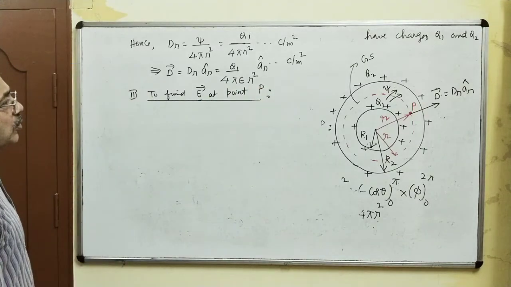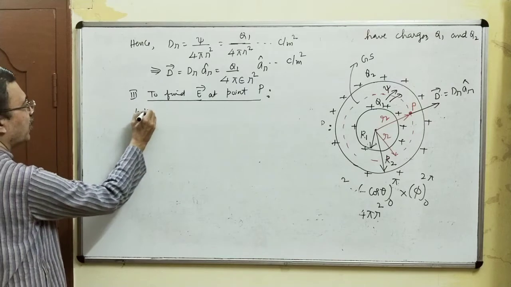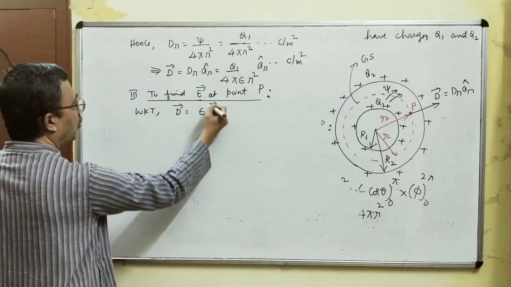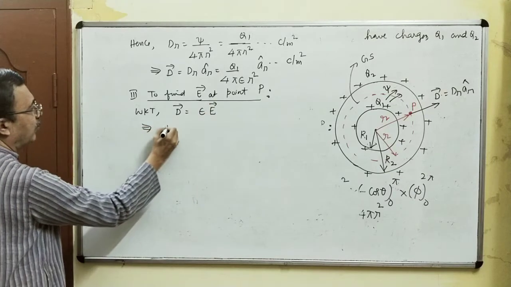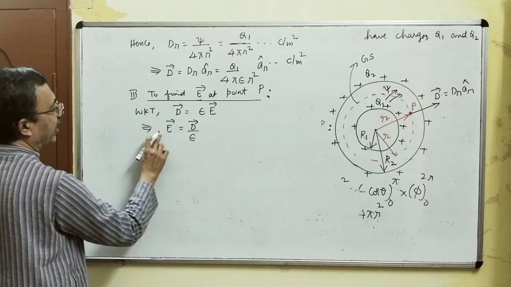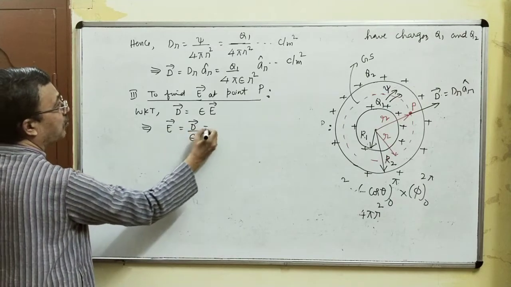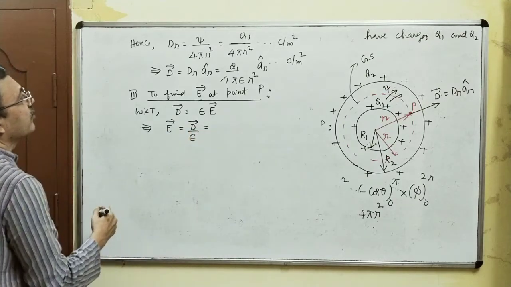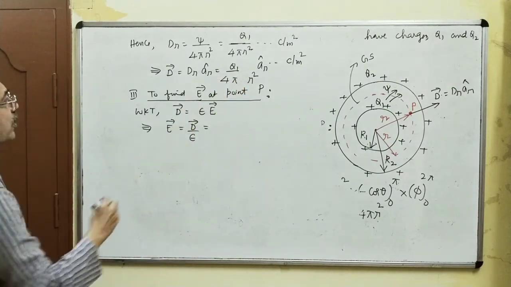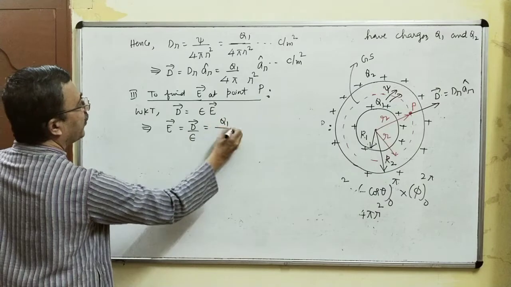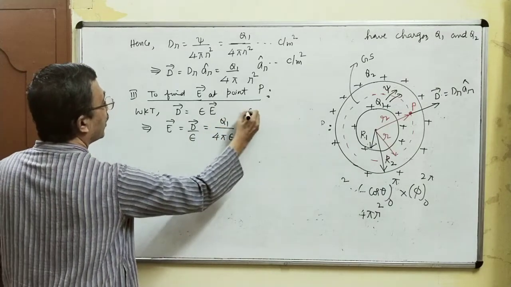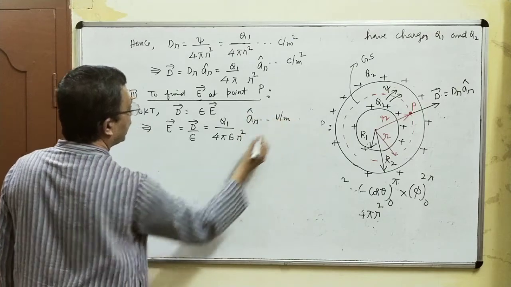For case number 2, we know that vector D is equal to epsilon into vector E. This implies vector E is equal to vector D divided by epsilon. So it is Q1 divided by 4 pi epsilon r square into ar cap, so many volts per meter.